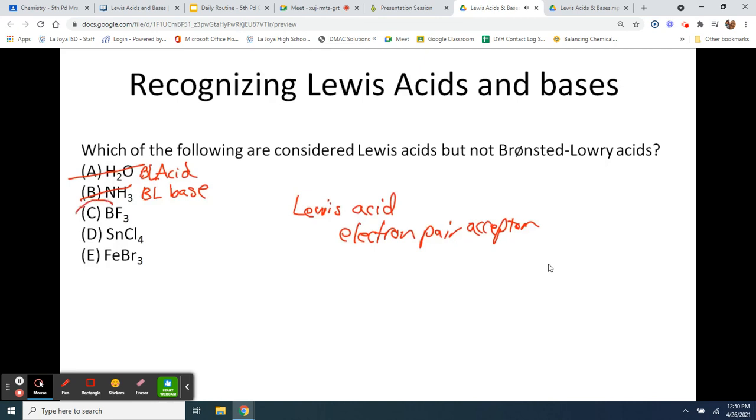So B can be a Lewis acid because it wants to get that octet, and Sn and Fe can both be Lewis acids because they can accept electron pairs since they're transition metals. So C, D, and E are answers to this problem.